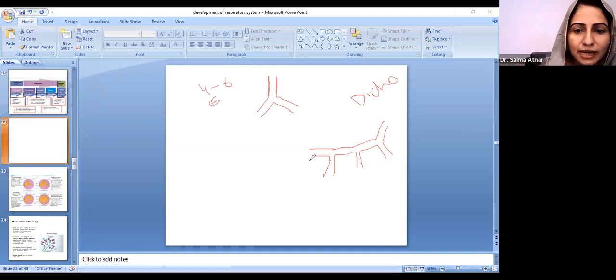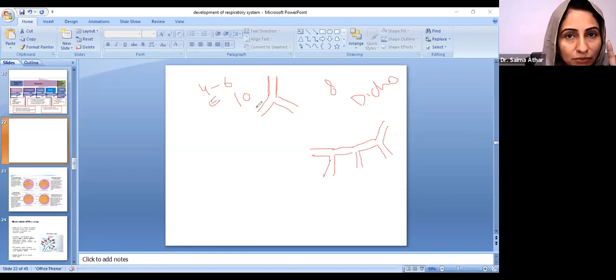Ultimately we get 8 segments on the left side and 10 bronchopulmonary segments on the right side, because on the right side we have 3 secondary bronchi and on the left side we have 2 secondary bronchi.